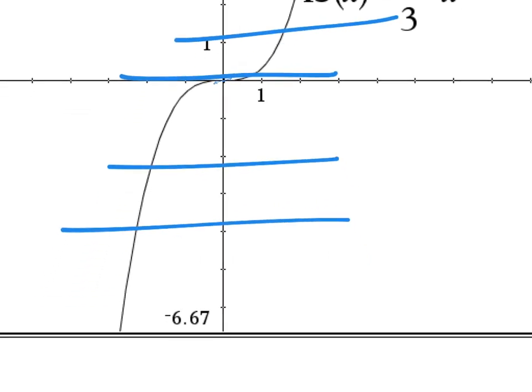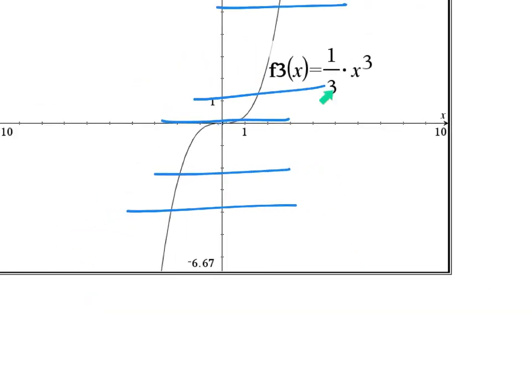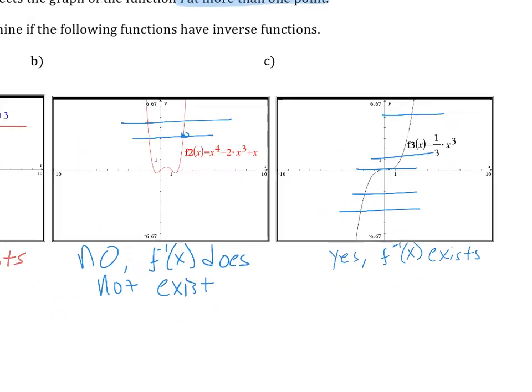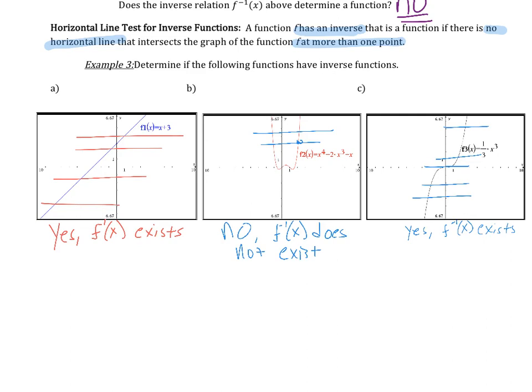So this point is going to be a little bit above the axis. This one's going to be a little bit above, a little bit above. So even though you can't tell, it's actually going up and down. It looks like it's flat, but it's not. So we've got to think about what's going on with the function x cubed. So yes, in this case, the inverse of f of x exists. Not finding it at the moment, but we just know it exists. So the horizontal line test tells us if it does or does not exist.